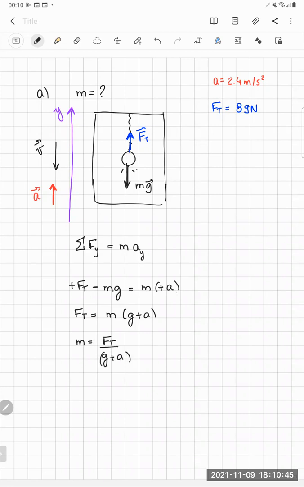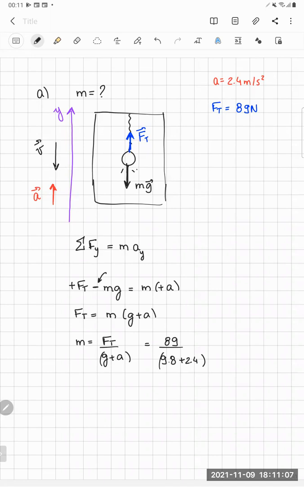We already took into account the directions. Now, F_T is just 89. g is just 9.8. We already took the sign into account when I wrote it here. a is 2.4. And from here, you can get to the mass. The mass is something like 7.3, if I remember correctly.